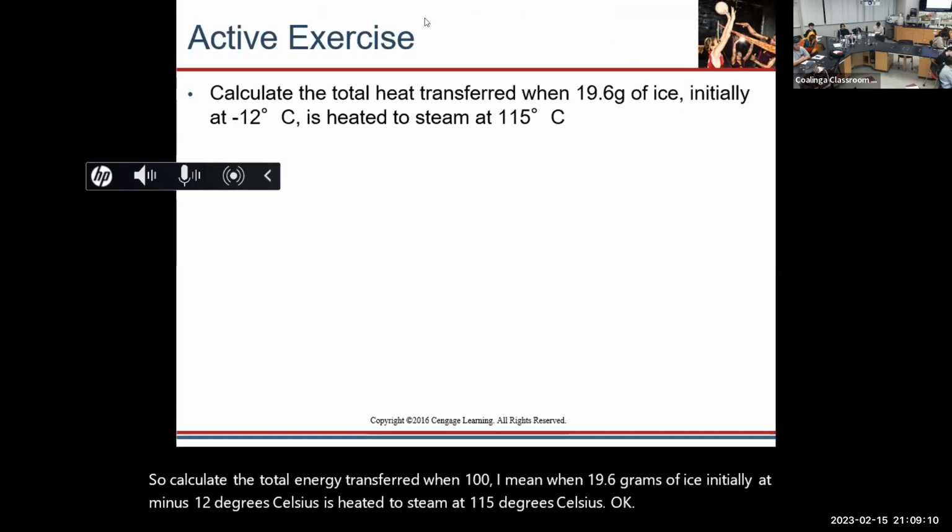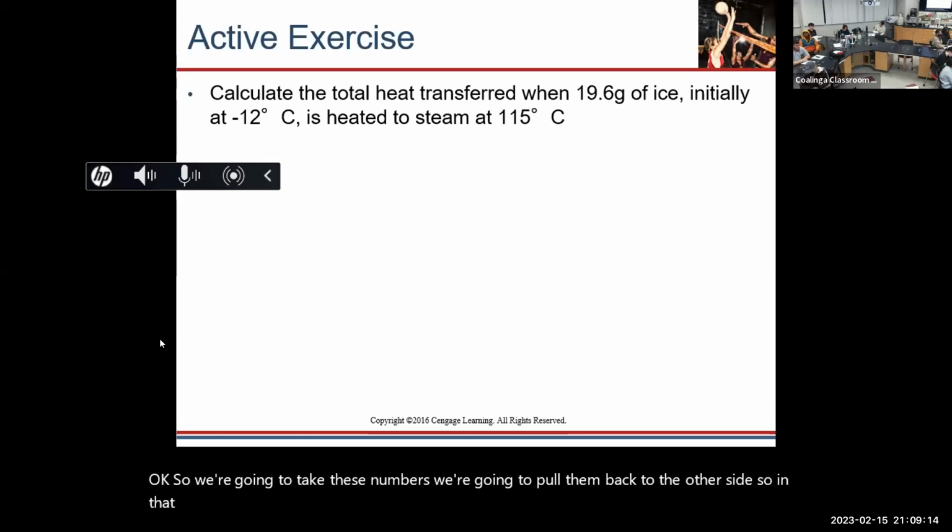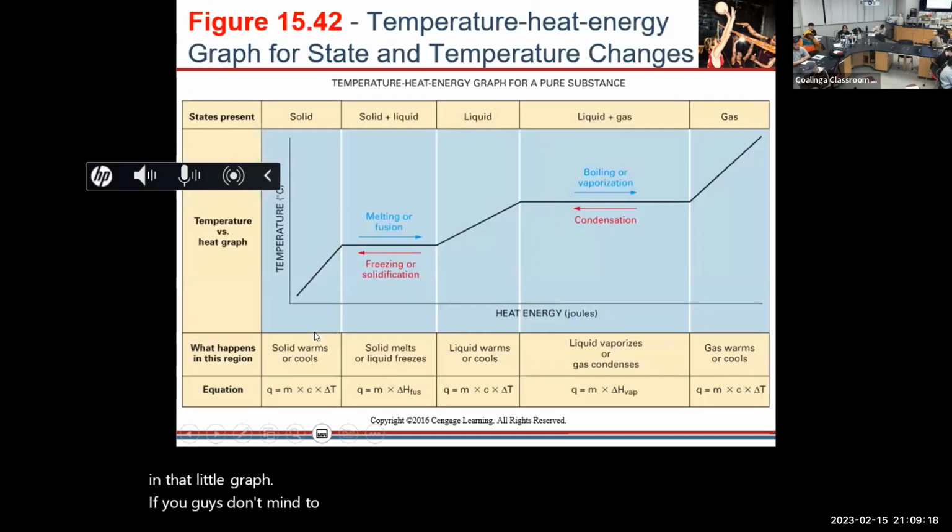Okay, we're going to take these numbers and pull them back to the other side, like that little graph. You guys don't mind, it makes my life a little bit easier. So we have this little graph, and we're starting at what temperature?